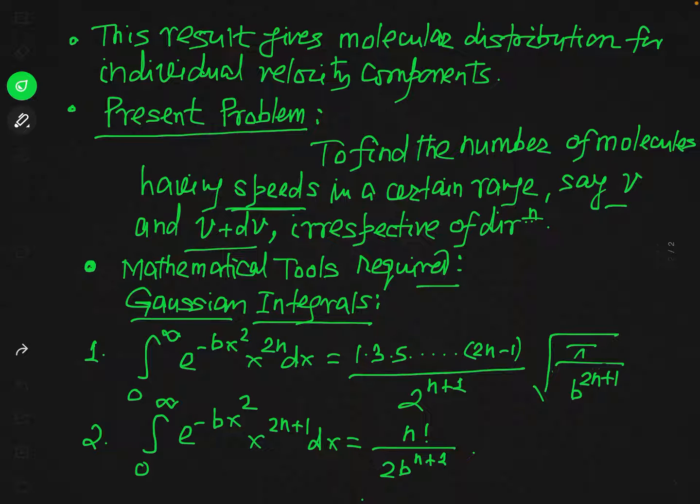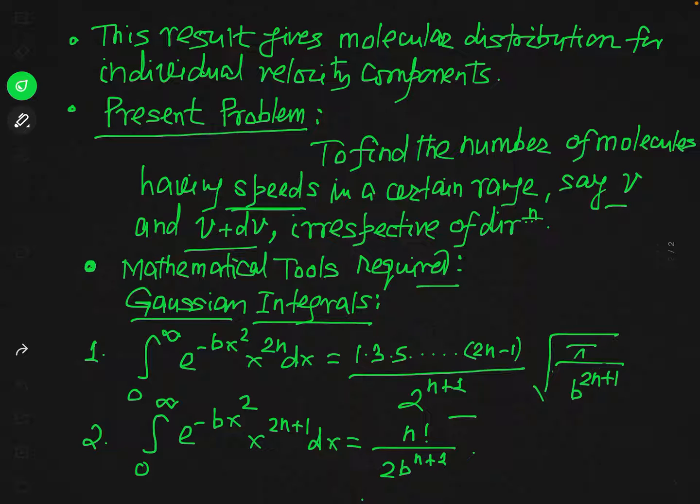This is 1 into 3 into 5 and so on up to (2n minus 1), over 2 raised to the power (n plus 1), times the square root of pi over b raised to the power (2n plus 1). You can see here b is a constant and 2n represents an even number.